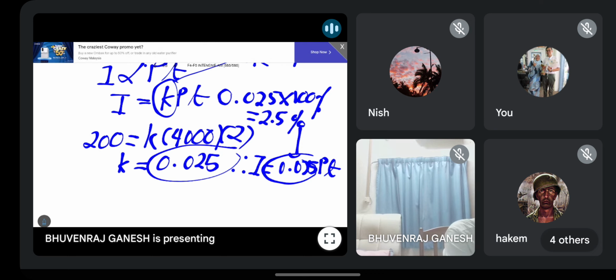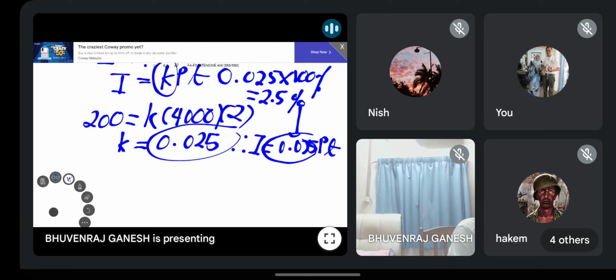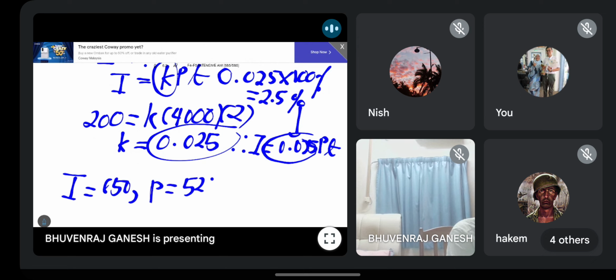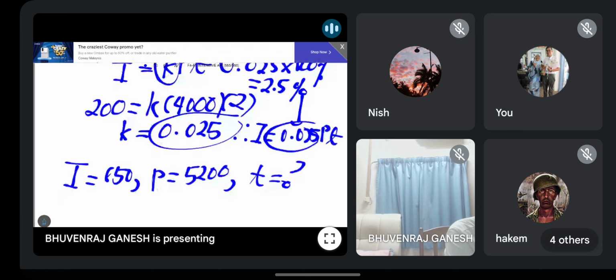Okay? So now, kamu boleh cari soalan, kehendak soalan. They ask you to find nilai T. Okay, mereka bagi I equal 650, P equal to 5200. So, kamu boleh cari tempo simpanan. How long you save the money. Just gantikan only.